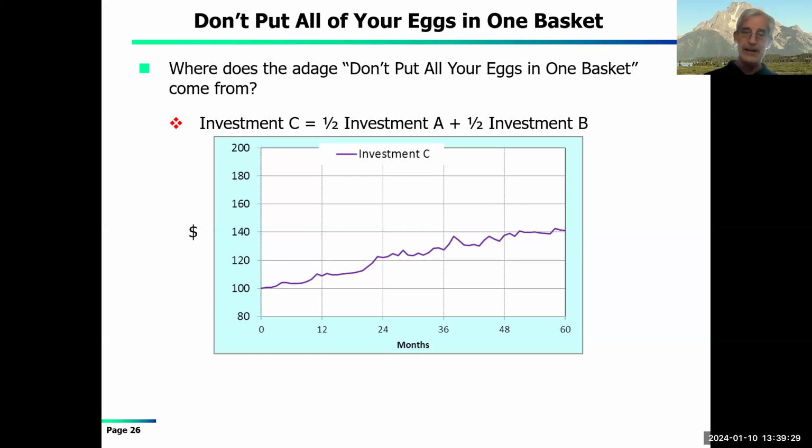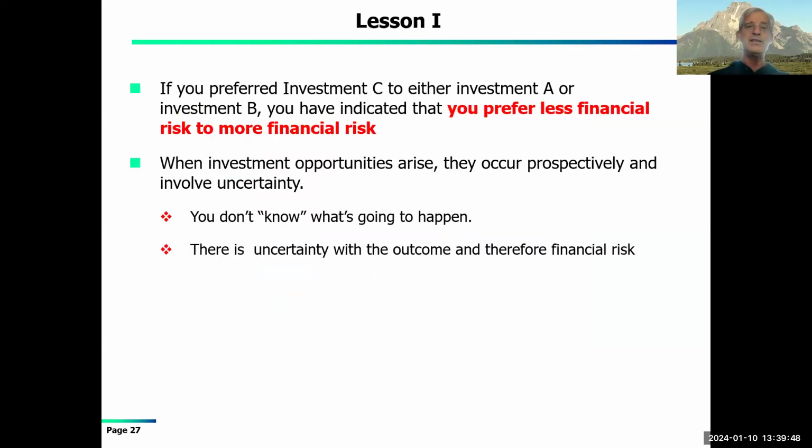And that feeling of it is a preference, and it is a preference expressed via financial markets. And it is that preference system that is the basis for risk and return. You prefer less risk to more financial risk.